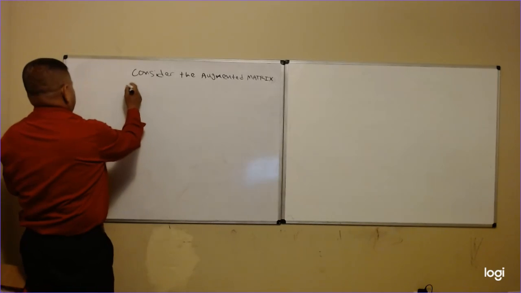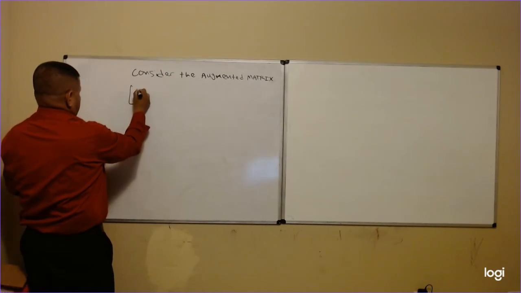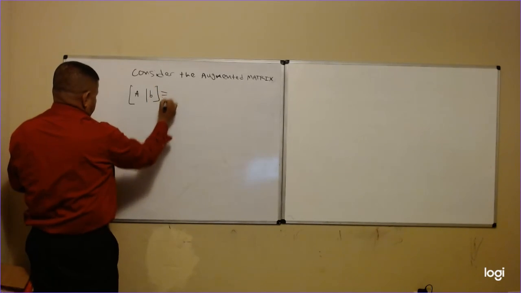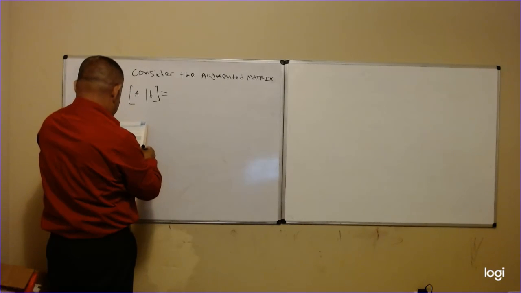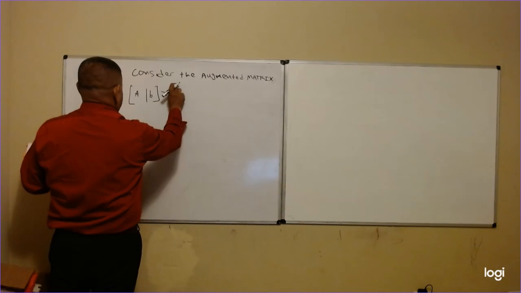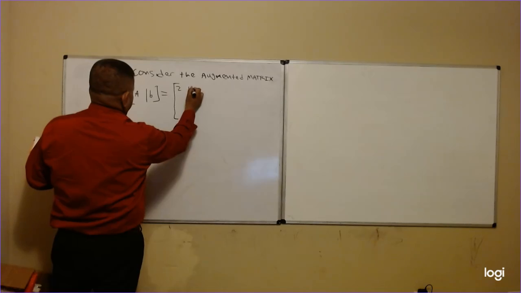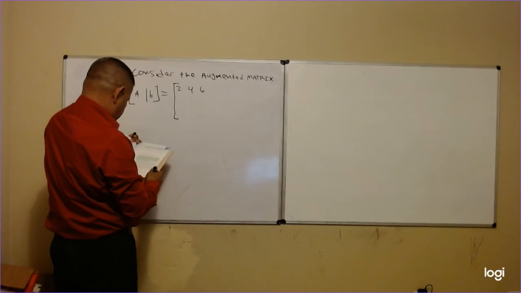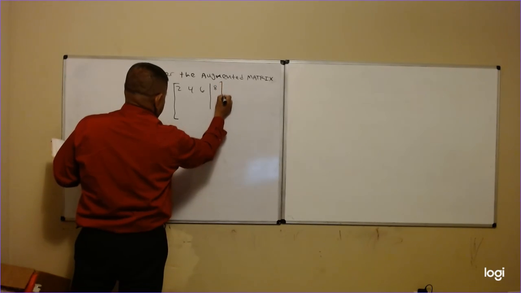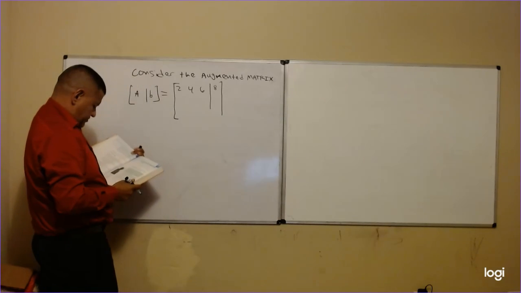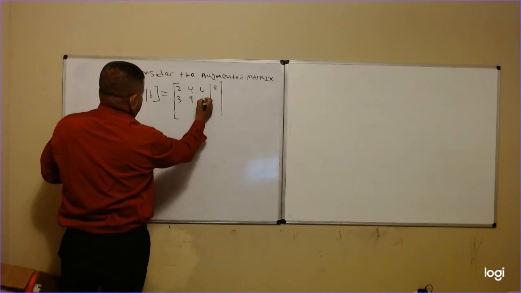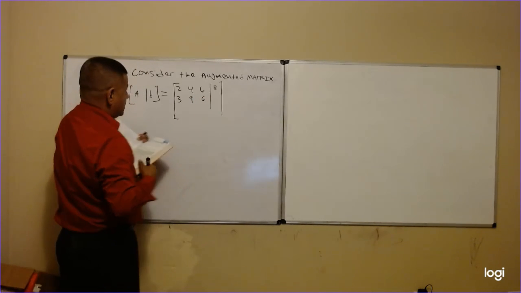It says, if the problem is in this form, A bar B, close that, and that is equal to 2, 4, 6, bar, and then 8, close the bracket, and then we have 3, 9, 6, and that is equal to 12.